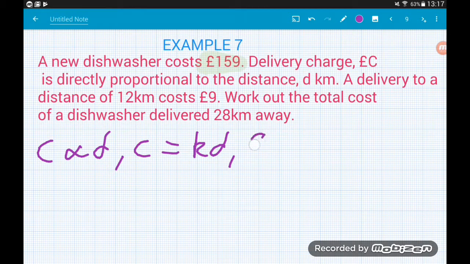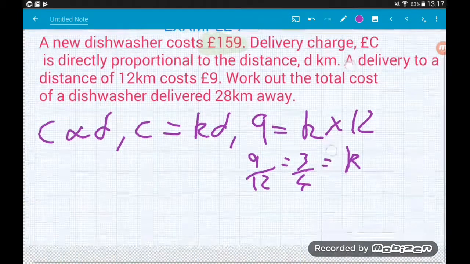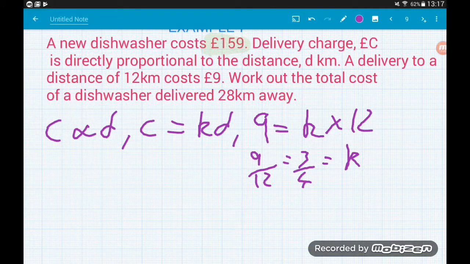So that means that 9 is equal to K times the delivery distance, which is 12. So if we divide by 12 there, we get 9/12, which is 3/4, is equal to K. So now we know the exact formula connecting the cost and the delivery distance is the cost, C, is equal to 3/4 of the distance.